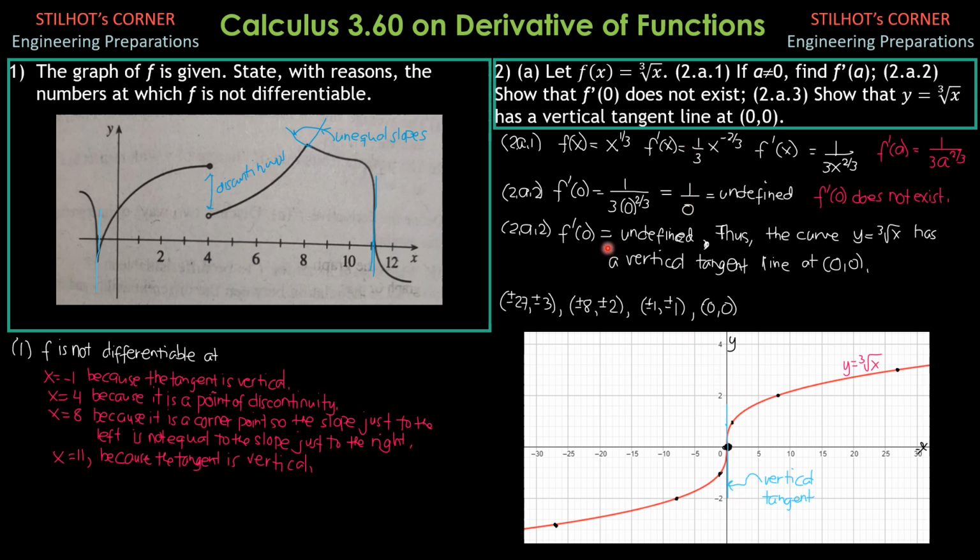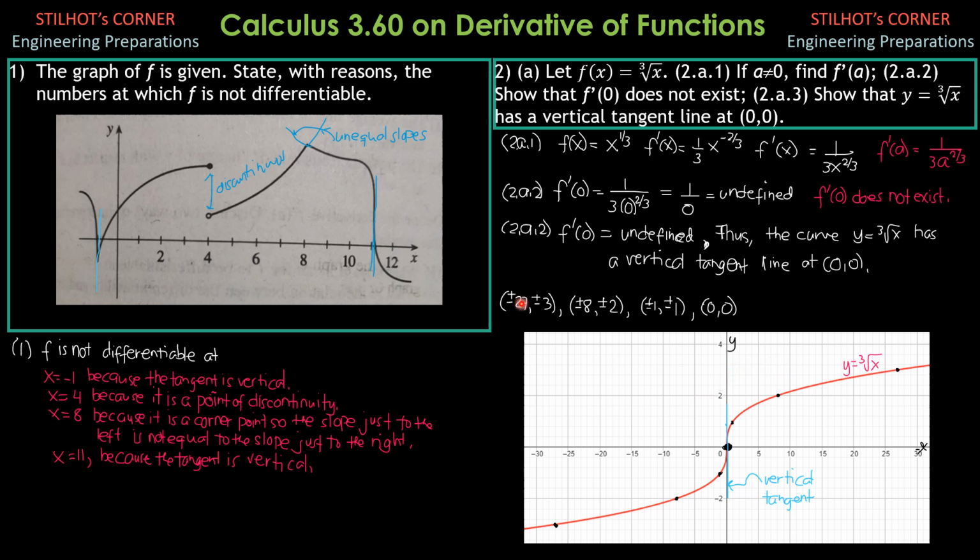And to sketch the graph of y equals cube root of x, we have these representative values. Plus or minus 27: when we have positive 27, the cube root of 27 is 3, so we have positive 3.